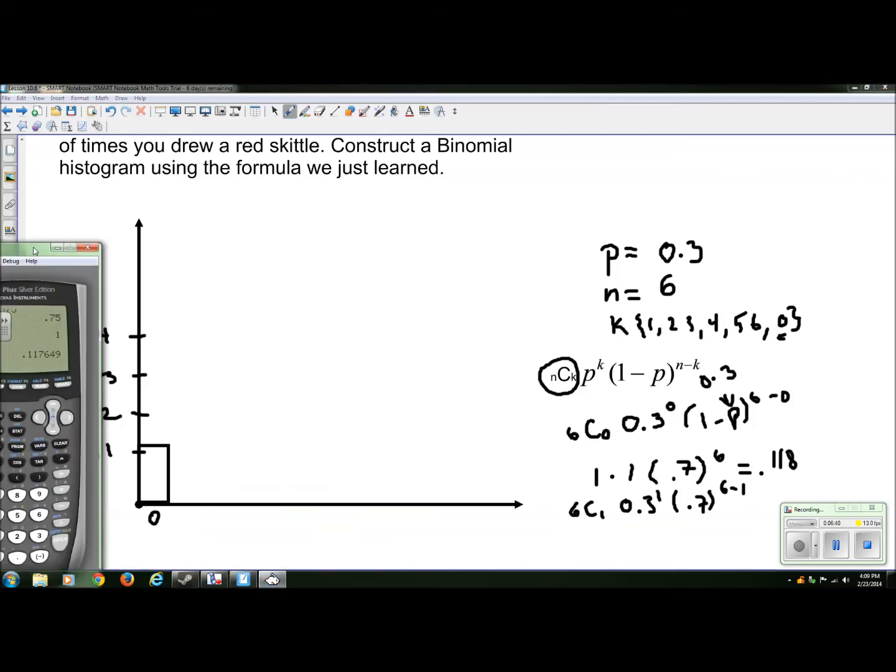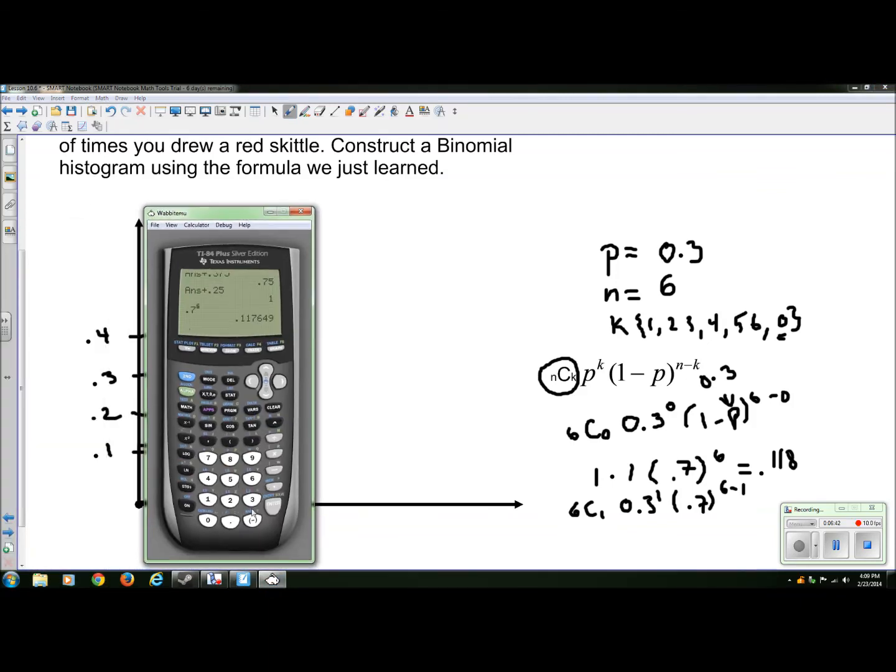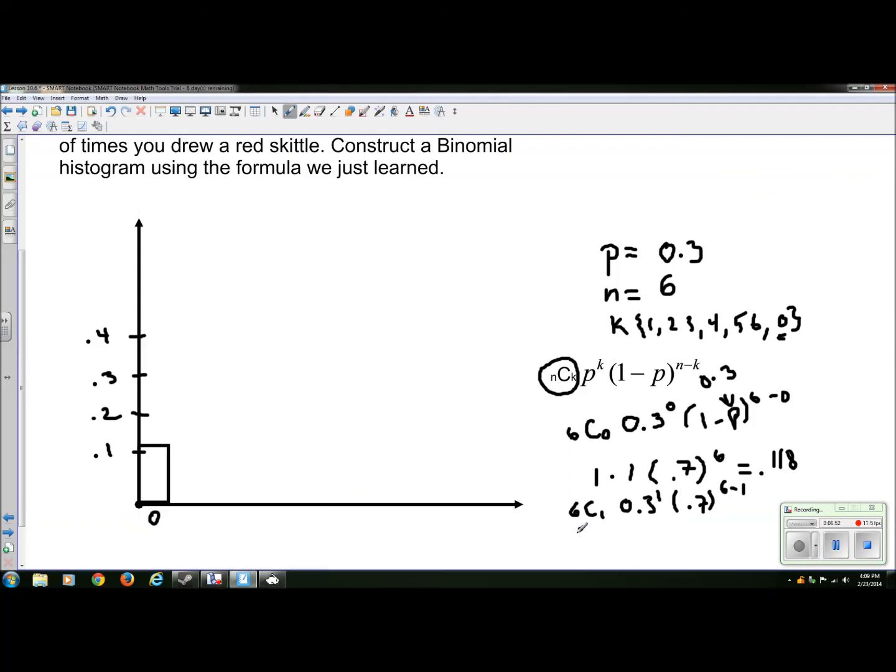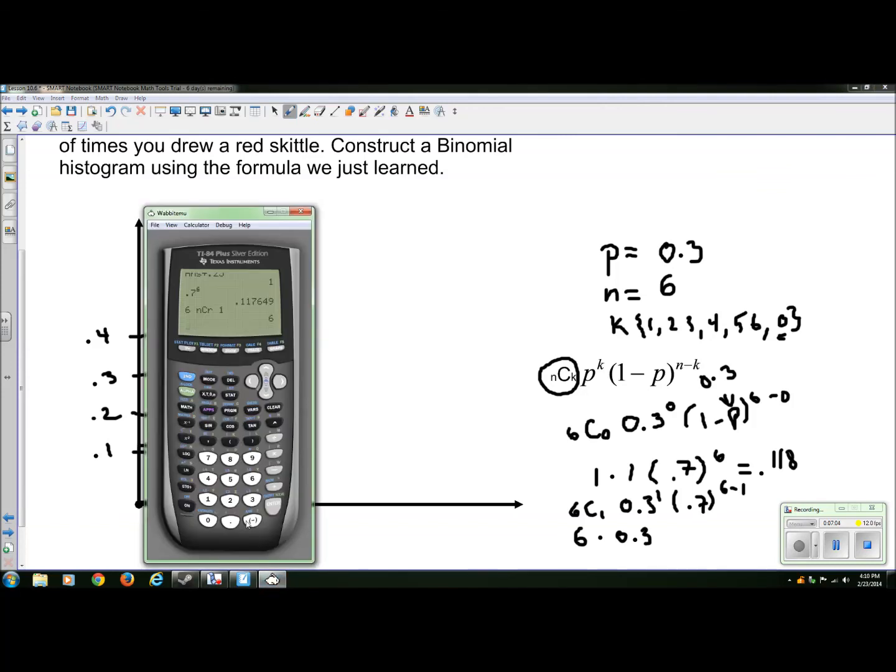Alright, so 6, math, probability, choose 1, is 6. And now I'll write that here, so that's 6. 0.3 to the first power is just 0.3, so that's times 0.3, times, now 6 minus 1 is 5, so that's going to be 0.7 to the fifth power.